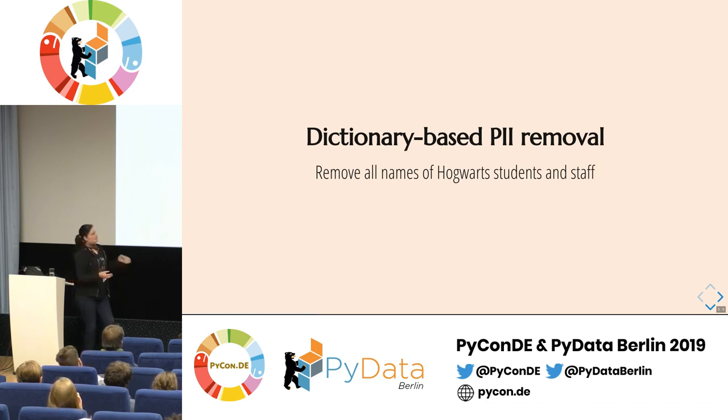It's not perfect. For example, in the spam messages use case, if you're removing just the student's name, you're not removing the relatives' names or the friends' names. So you'll still have some personal information, but it's easy to implement, and it could be a first step.